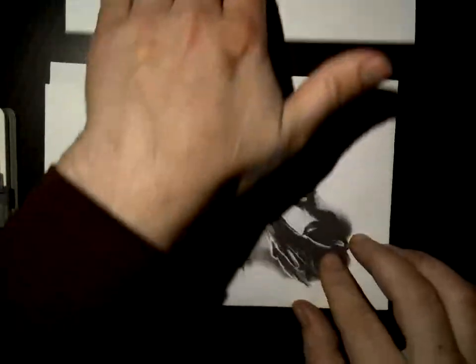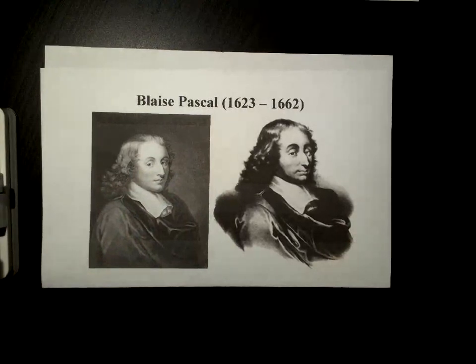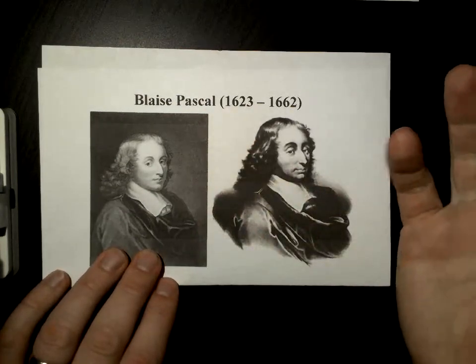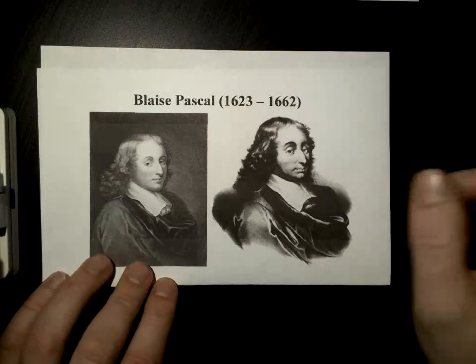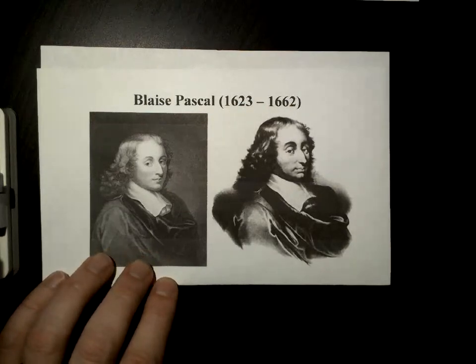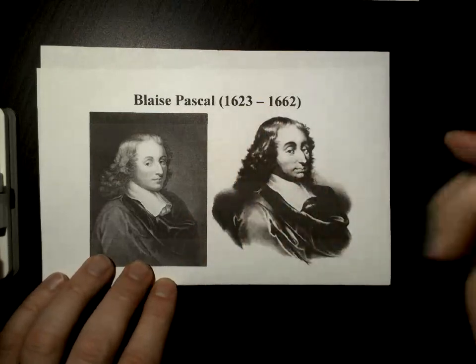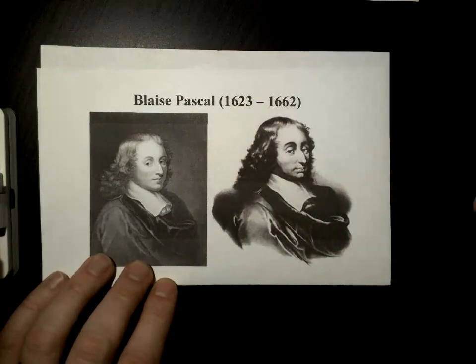It's named after Blaise Pascal. He lived around 1623. He was a physicist and religious philosopher back in his day. He was born in France about 1623. His mother passed away when he was young.